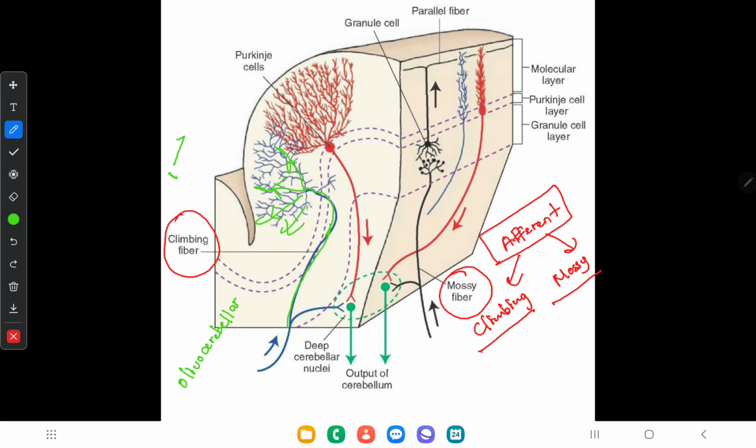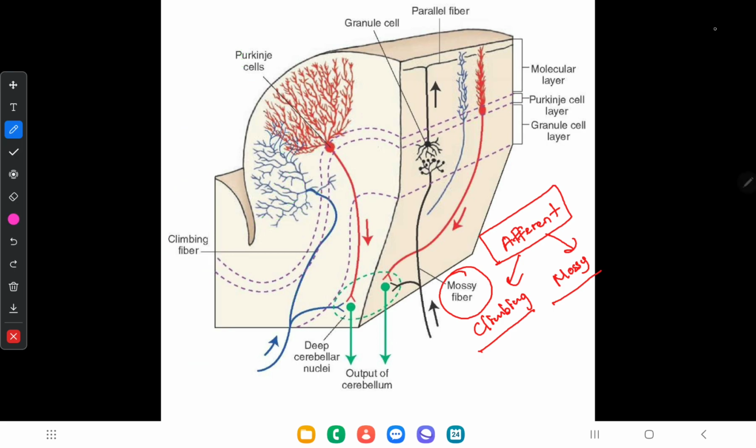One Purkinje neuron synapses with only one climbing fiber, but one climbing fiber makes synapses with 1 to 10 Purkinje fibers.